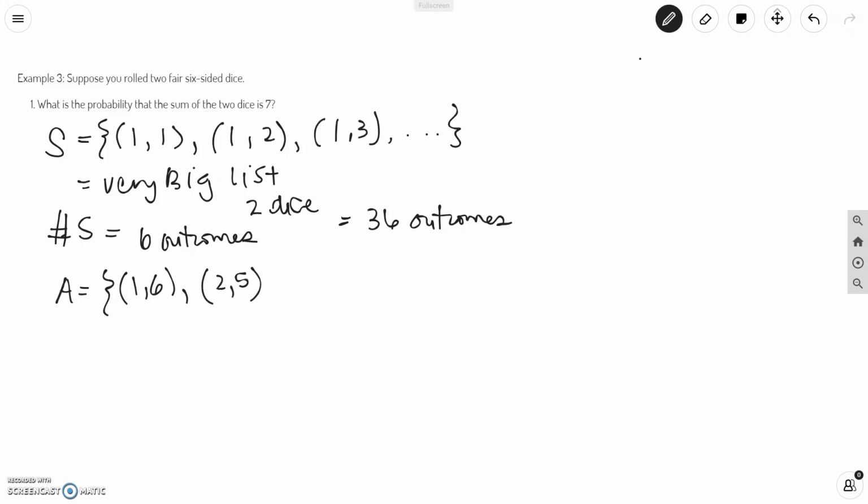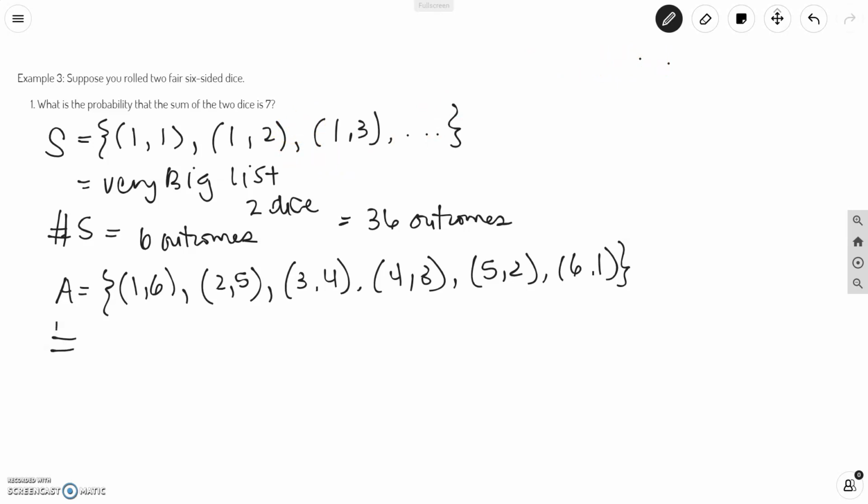That will give us a sum of 7. 3, 4, 4, 3, 5, 2, and then 6, 1. So these are the outcomes or the combinations that satisfy our event A, which is getting a sum of 7.